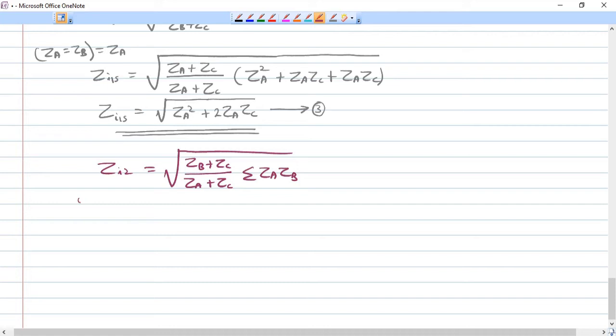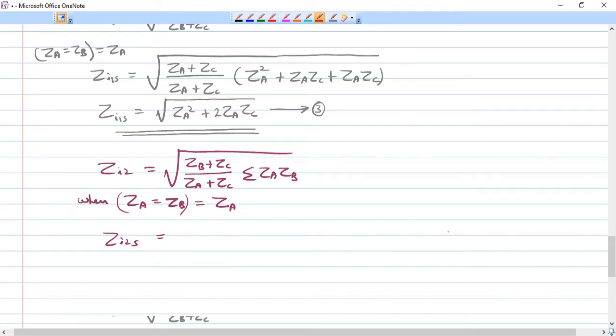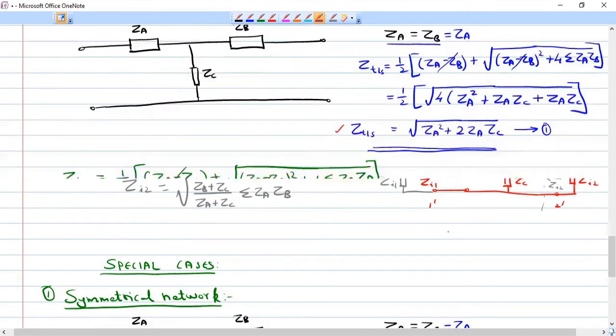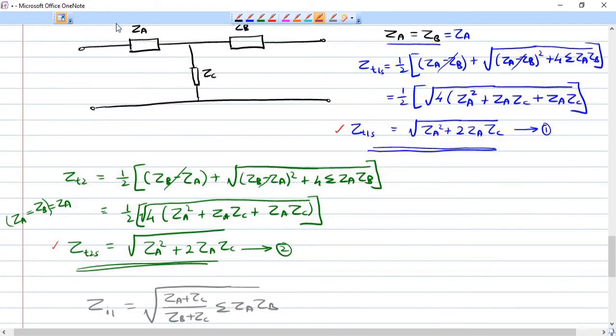So when ZA is equal to ZB, let us say this is equal to ZA itself. So what happens to ZI2 for a symmetrical network? This is the case of symmetry when ZA is equal to ZB, that is the series impedances ZA and ZB become equal. Okay.